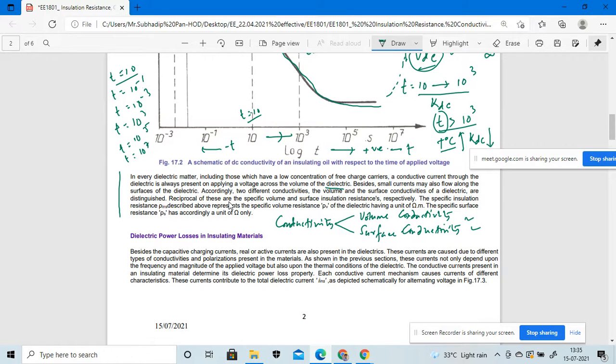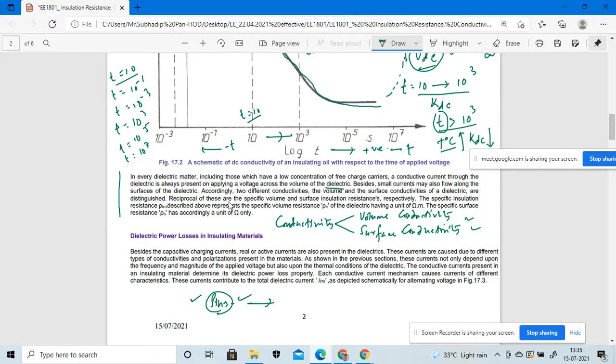As we consider the specific insulation resistance, this will be my specific insulation resistance, described above, representing the specific volume resistance.